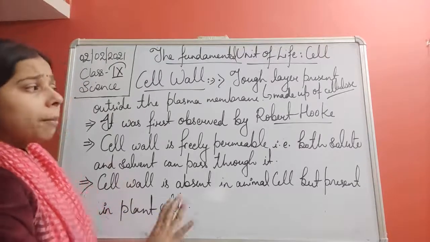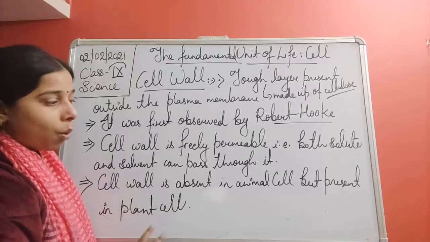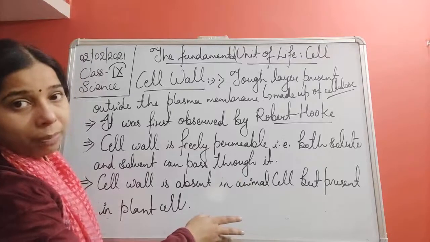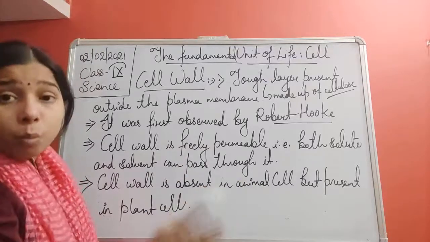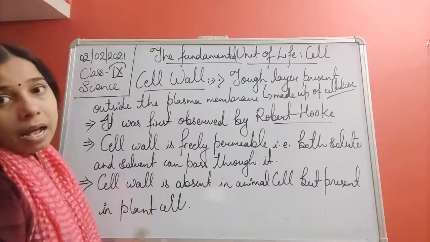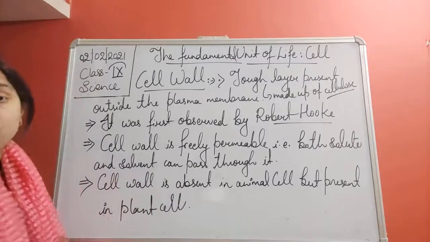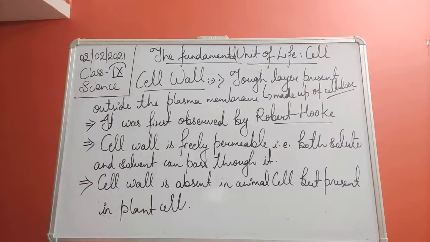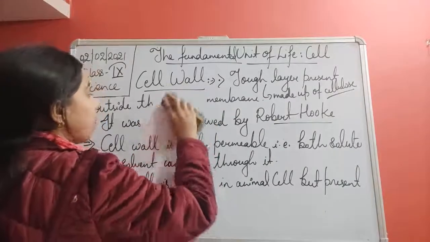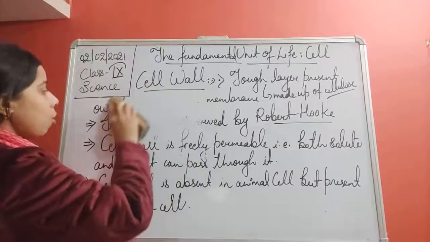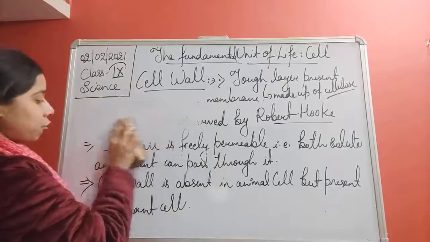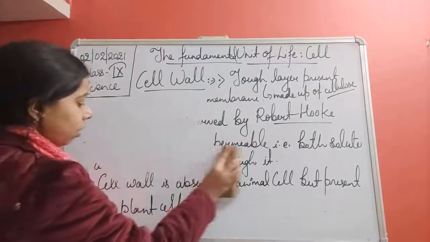So this is a peculiar difference between the animal cell and the plant cell: the animal cell does not consist of a cell wall, but the plant cell consists of both the plasma membrane as well as the cell wall. Okay, so all of you have now understood what the cell wall is, how it was discovered, and what kind of nature it has. Let us see what the function is.